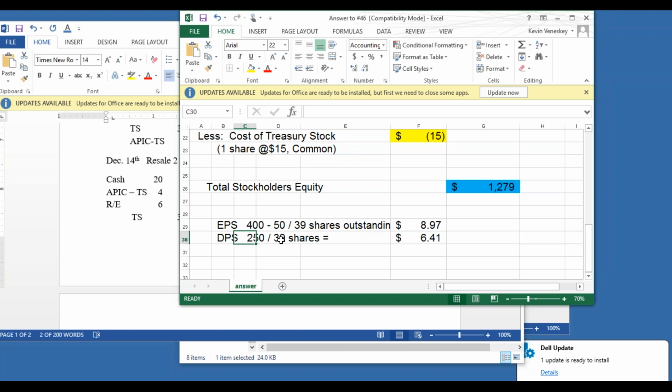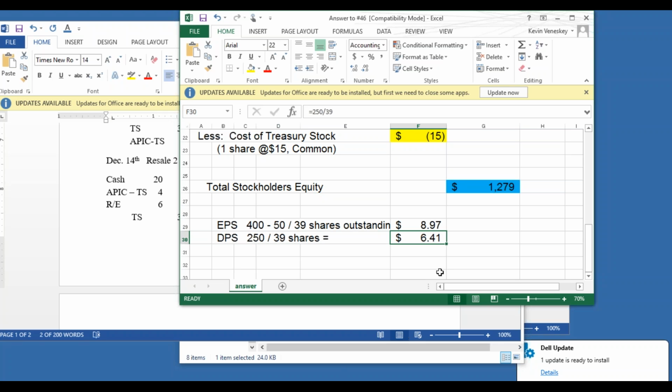Actual dividends per share: if we go back and add up the amount of dividends my common stockholders received, the $100 from the cash and then all of the common stock dividends, which was $150 worth, 100 plus the 150 is where I got the 250, divided by the same 39 shares.